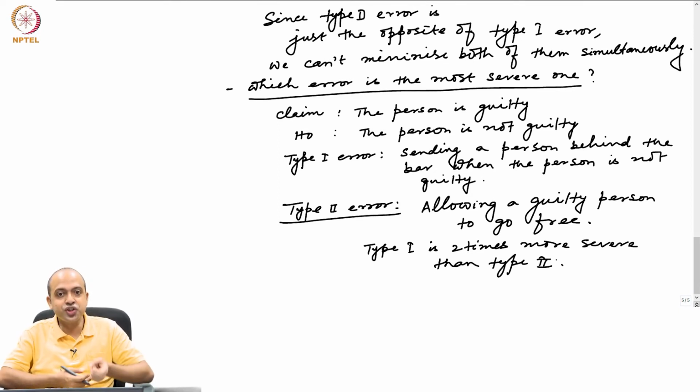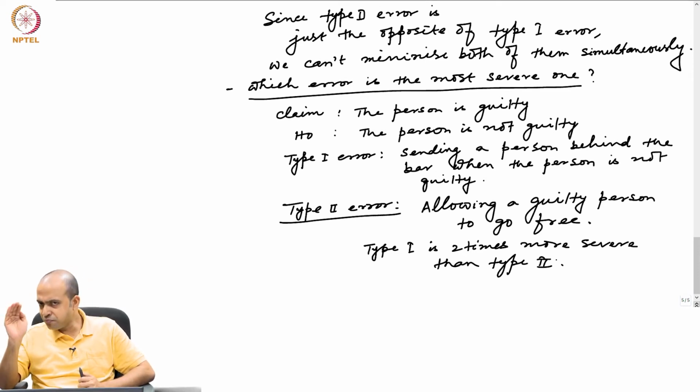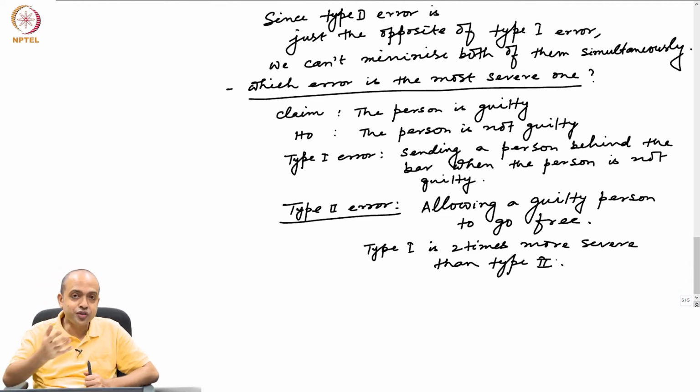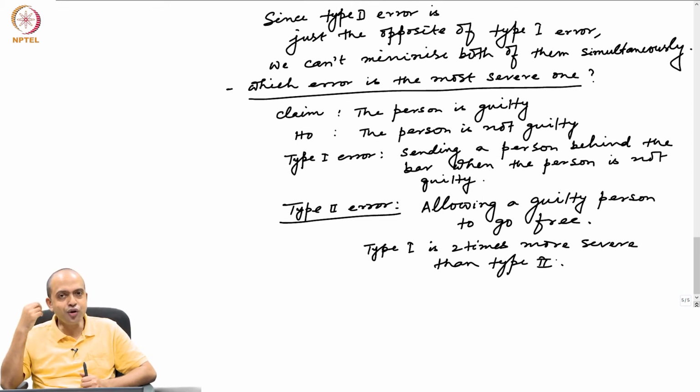Then statisticians say that since the type 1 error is most severe, you keep the type 1 error fixed at a pre-specified level. That means in the process of hypothesis testing, we cannot allow type 1 error to go out of control.